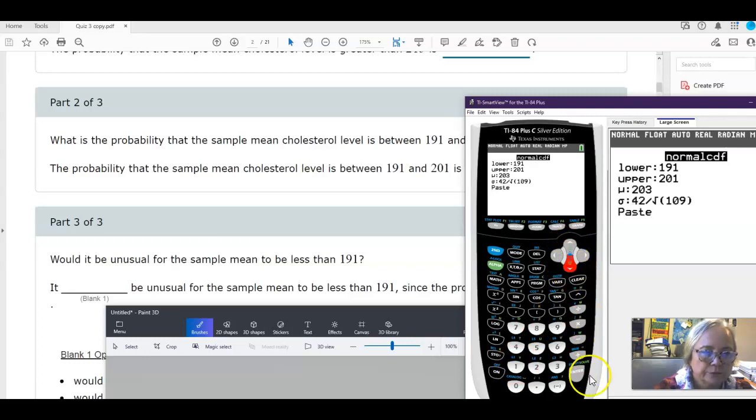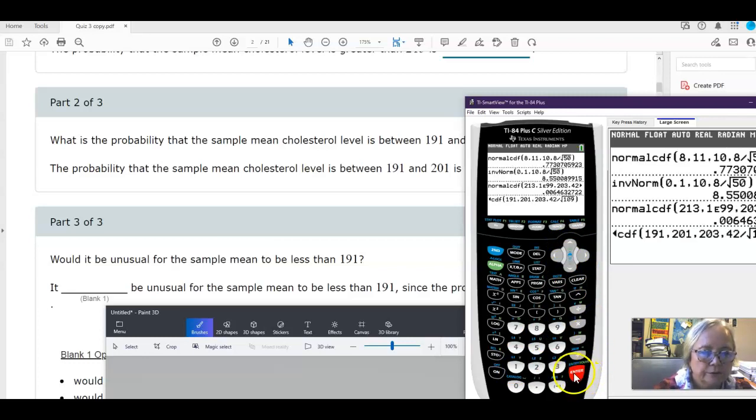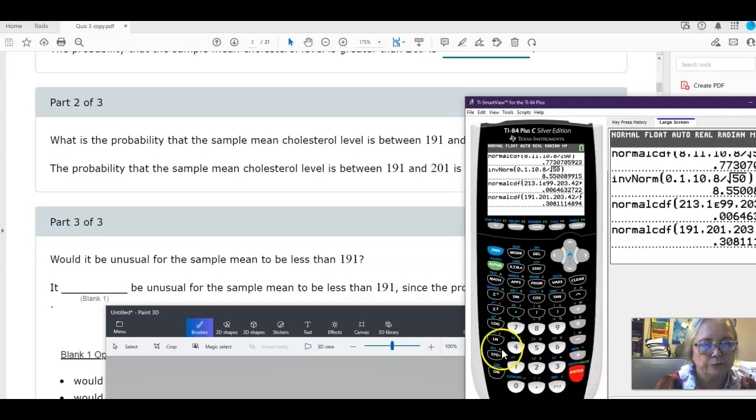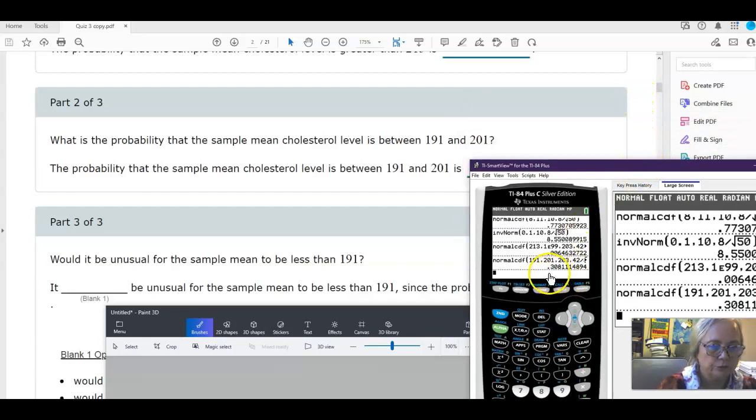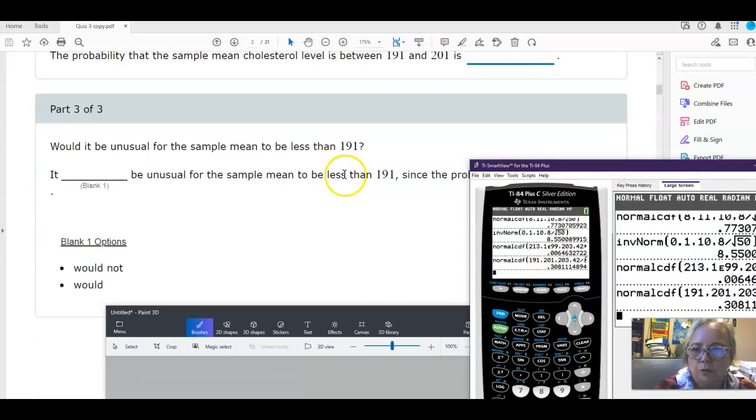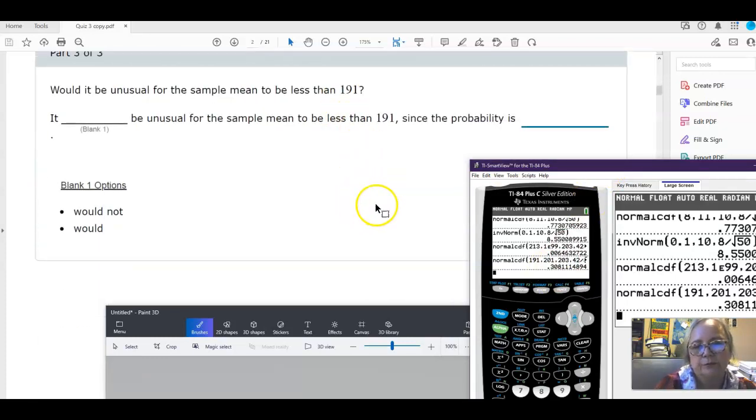So it's pretty quick, and the probability will be 0.3081. So the probability that the sample mean cholesterol is between 191 and 201 is 0.3081.